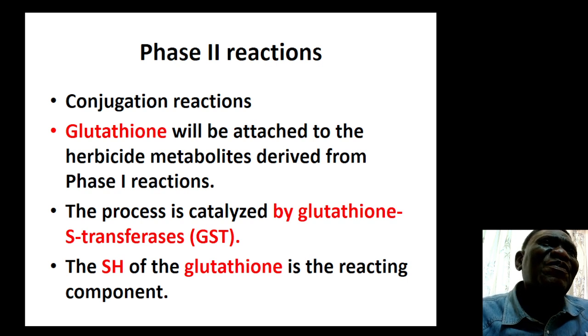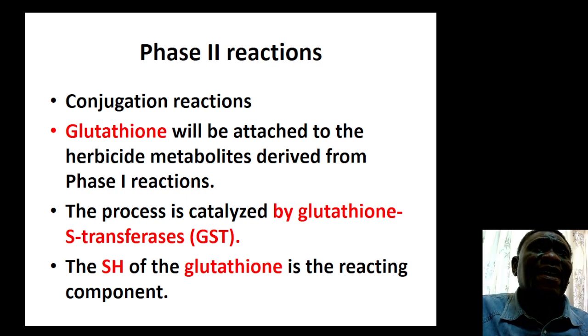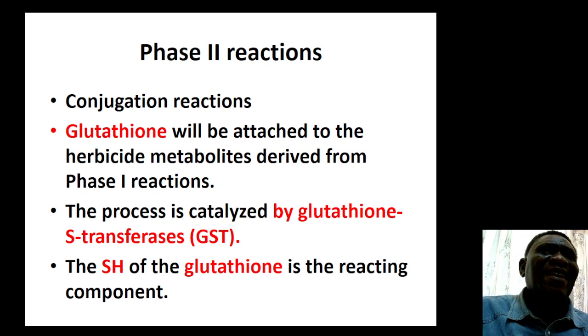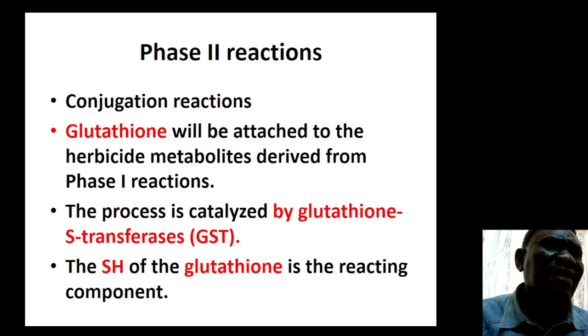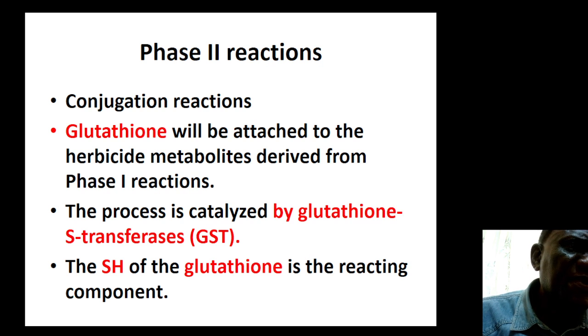It's like revision now. Glutathione will be attached to the herbicide metabolites derived from phase 1 reactions. The process is catalyzed by glutathione S-transferases, or GST for short. The SH of the glutathione is the reacting component. I've actually explained that. Let me see what is happening here.